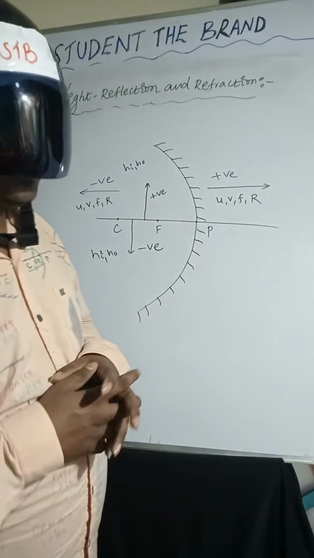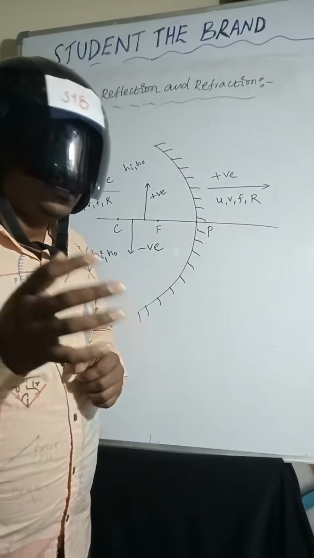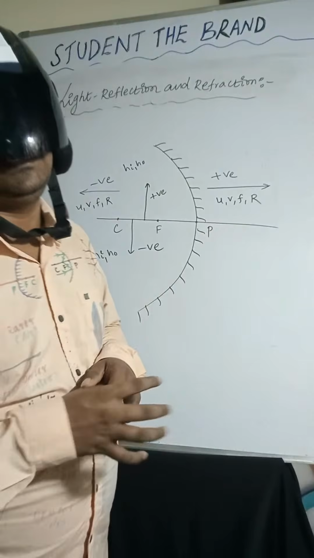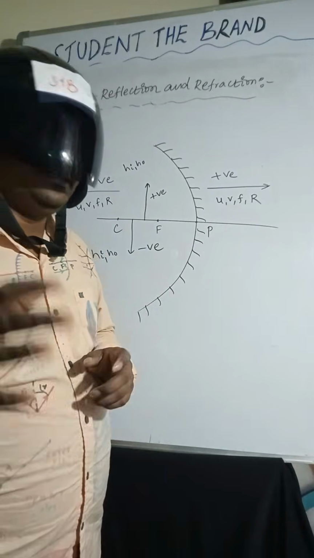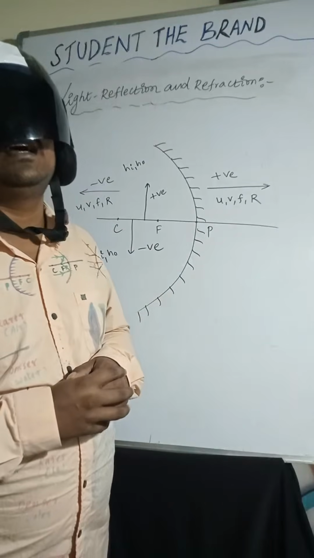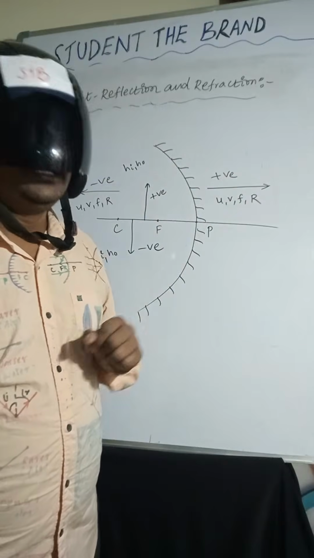So once again, new Cartesian sign convention. All distances are measured from the pole.